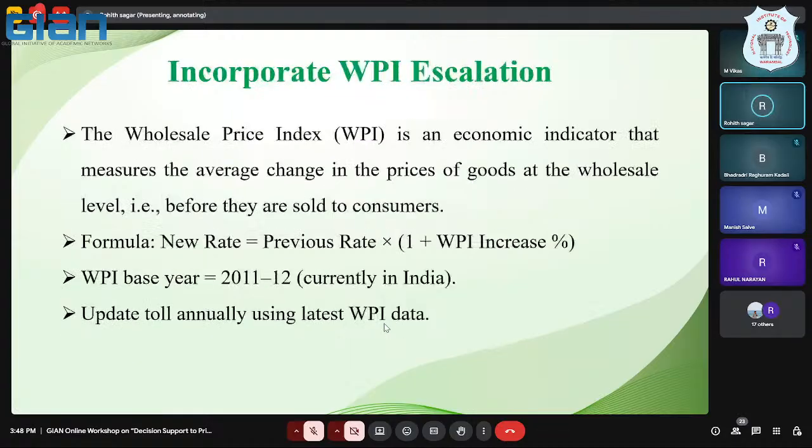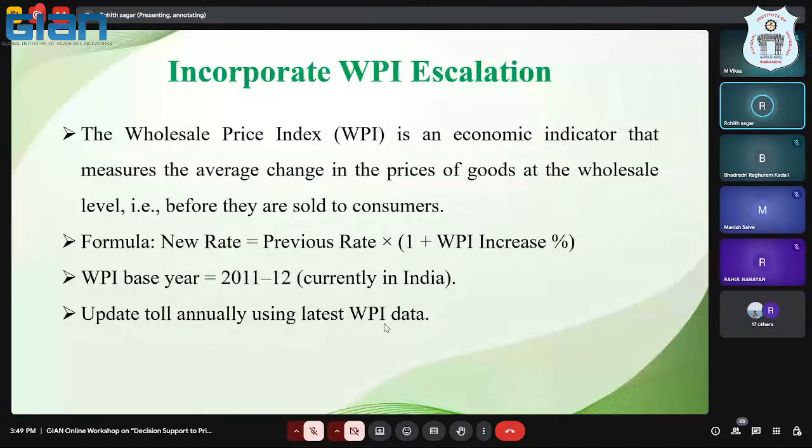Next, what is WPI? The WPI, Wholesale Price Index, is an economic indicator that measures the average change in the price of goods at wholesale level, that is, before they are sold to customers. We use WPI here to counter the inflation of toll price every year, as we are going to estimate for future years.